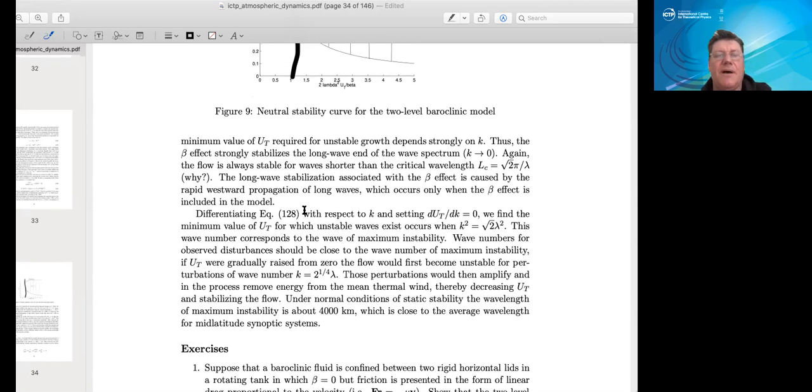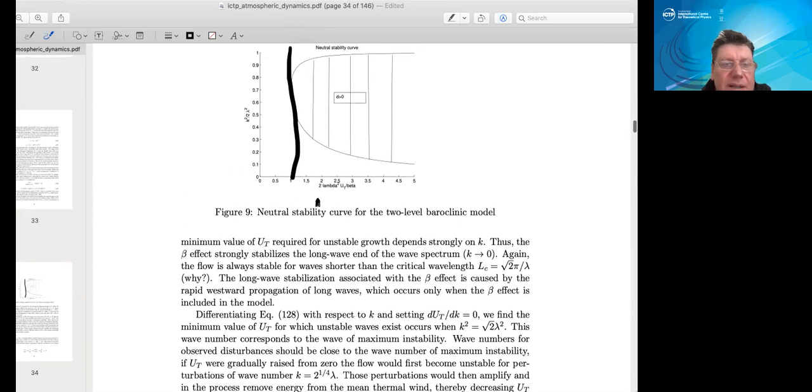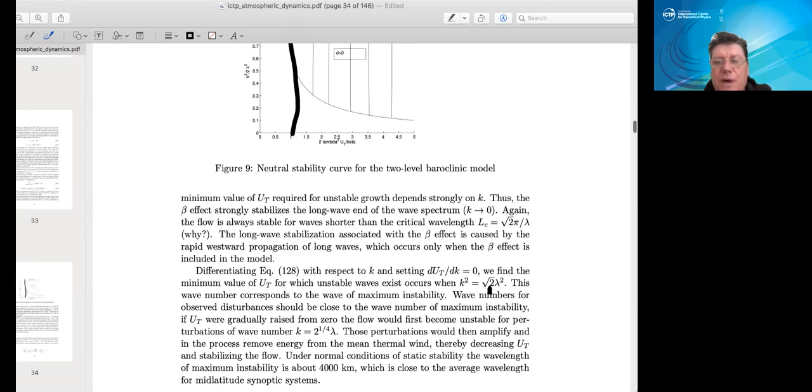And so this wave number is just determined by this value 2 lambda over UT beta equal to 1. So the wave number that we can find is k square equal to square root of 2 times lambda square. So this wave number that becomes first unstable if we increase our thermal wind is related to the stability of the atmosphere.